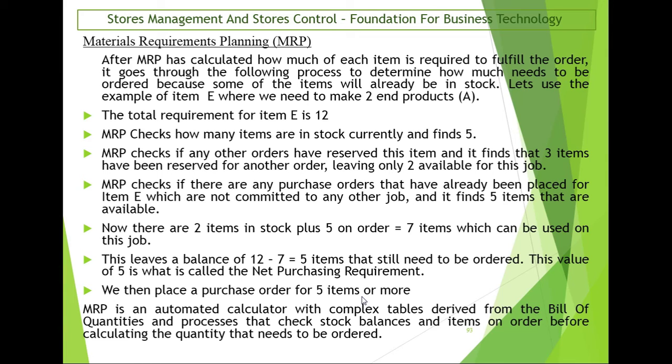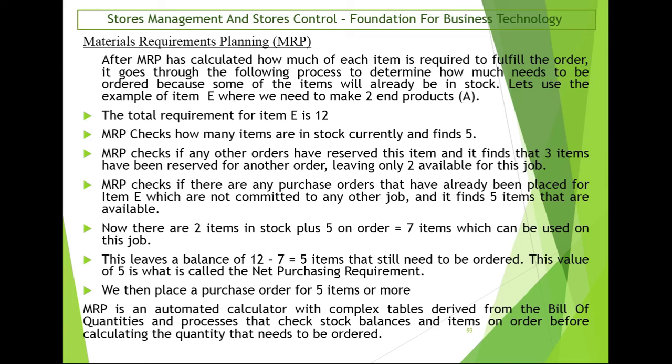It has got complex tables that come from the bill of quantities. I already gave you a very simple example of a table that is derived from the bill of quantities. It is automatic. You don't sit down to say, now I'm doing MRP, because otherwise you'll spend the rest of your life doing requirements for some sophisticated items.